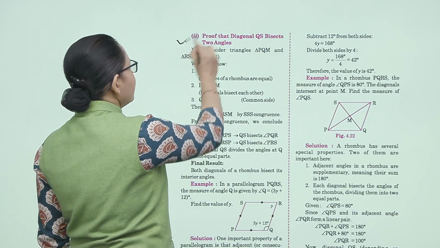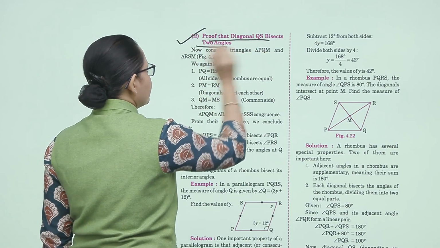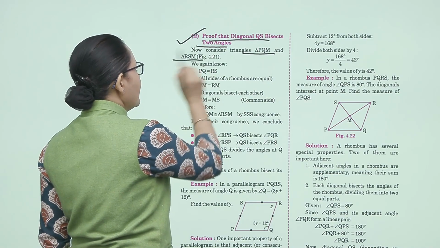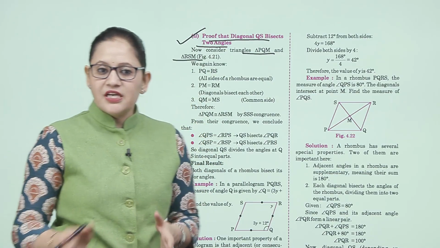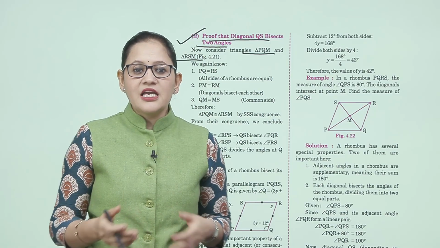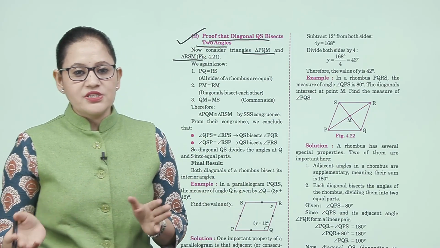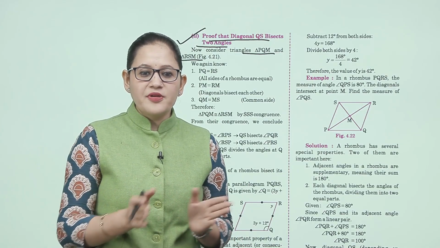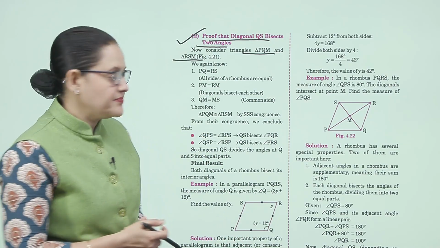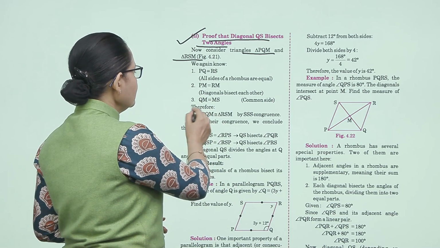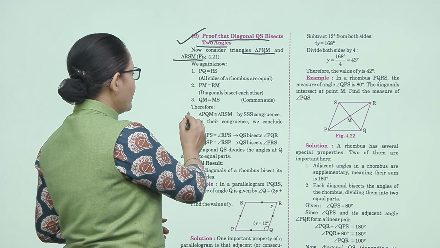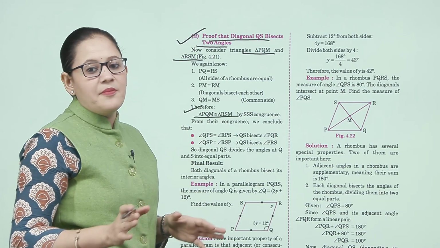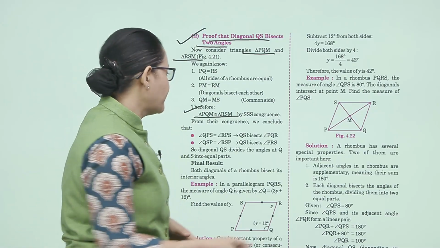Now, prove that the diagonal QS bisects two angles. Consider two triangles PQM and RSM in the figure 4.21. Again, we know that PQ equals RS, all sides of a rhombus are equal, PM equals RM, diagonals bisect each other, and QM equals QM, common side. Therefore, triangles PQM and RSM are congruent by SSS congruency.